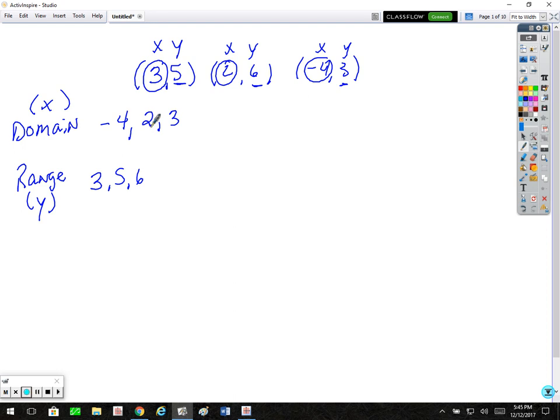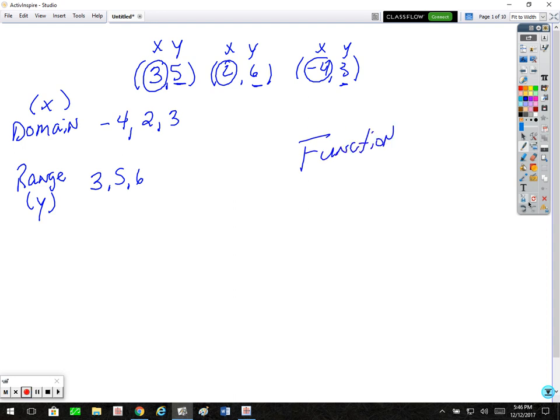Okay, so this is my domain, this is my range. Now, remember we talked about trying to determine if this is a function. Really all I'm concerned with is, do I have an x value that repeats? Well, in this case I don't, because I have a 3, a 2, and a -4 circled. None of those values repeat, so this one would be a function.